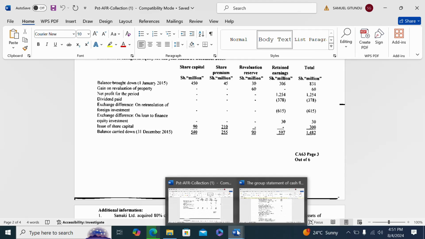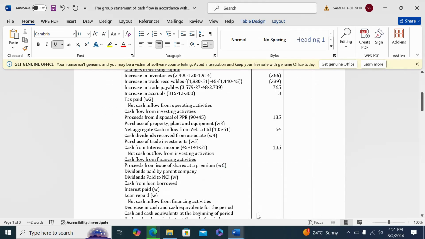So we just put 378 million. Dividend paid, that is a cash outflow. Then dividend paid to the NCI member, so that one will need a working, so we can call it working 7. Then cash from loan borrowed.